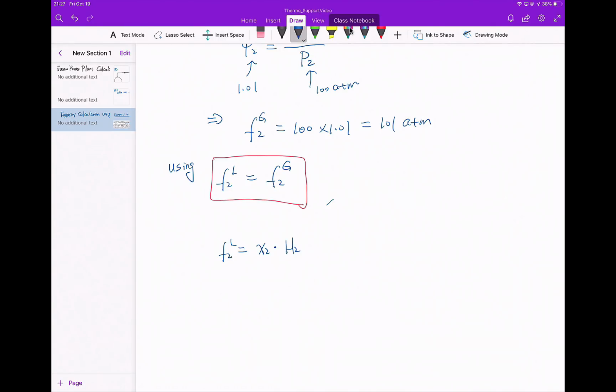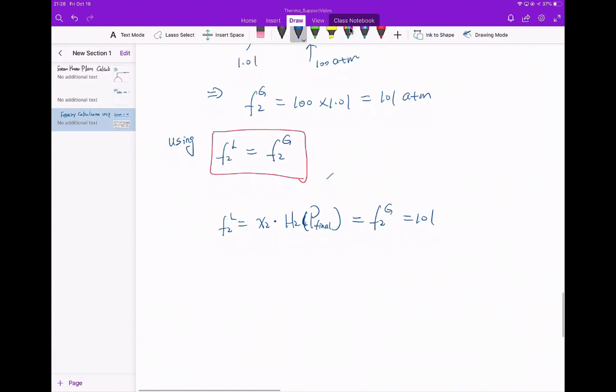Now H2 depends on the pressure, so let's call this P final. Then we can calculate this.